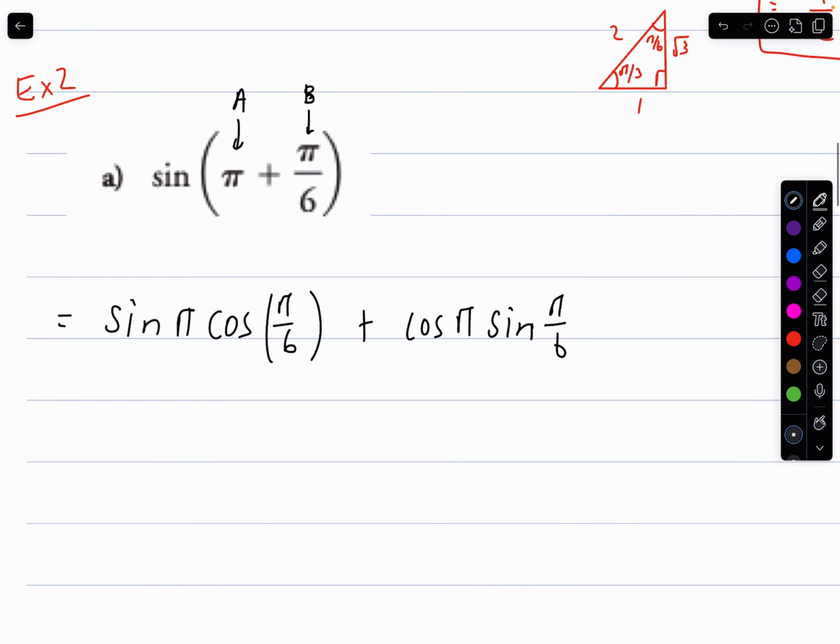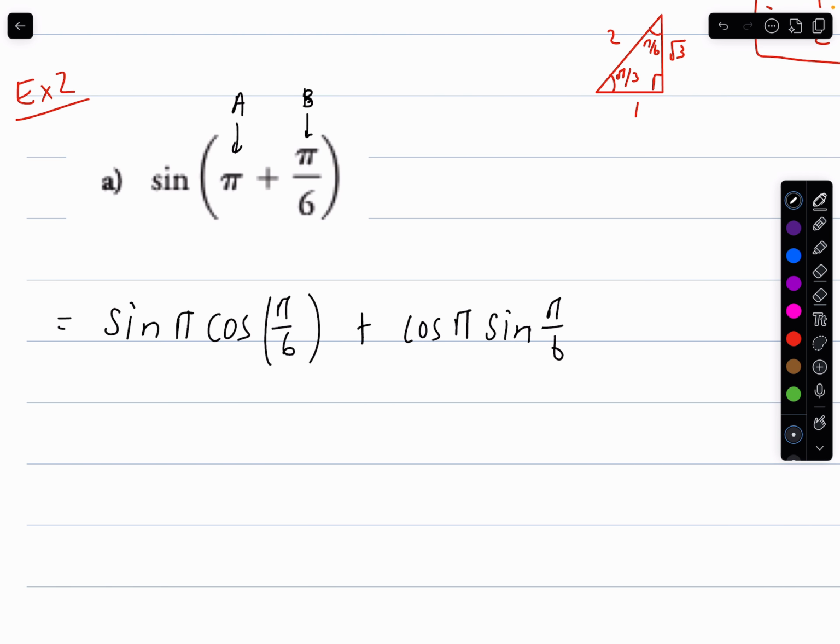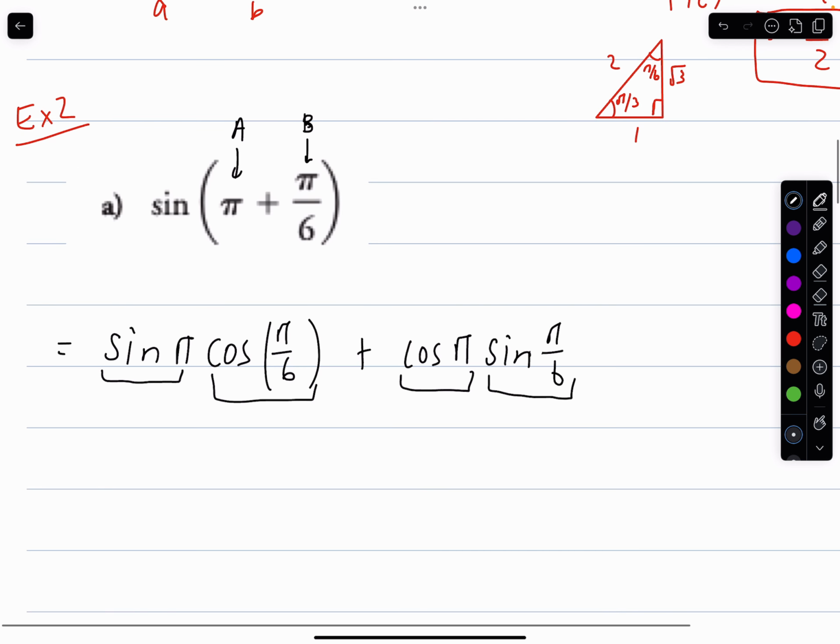Now we have to find out what these individual terms are. The way we find that is that we have to use our special triangles and our knowledge of our sine and cos graphs. I know sine pi looks like this, and wherever it's pi, it's 0, so this one is going to be 0.